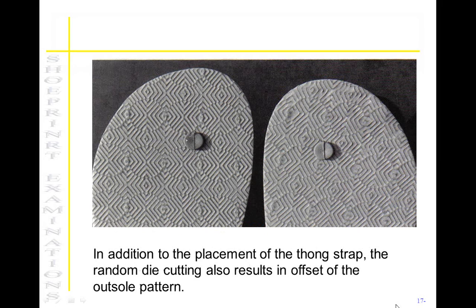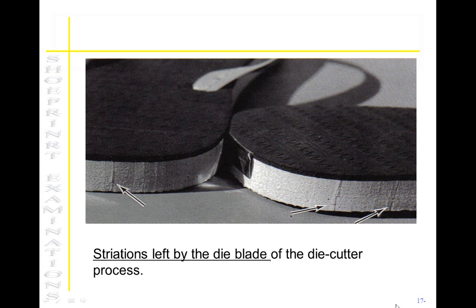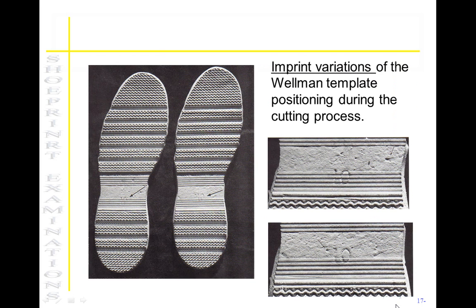And in some instances, the placement of a thong strap is going to be through random cutting. Striations might be left by the die blade cutter in this process. Or in some instances, imprint variations might also change during the positioning during the cutting process.